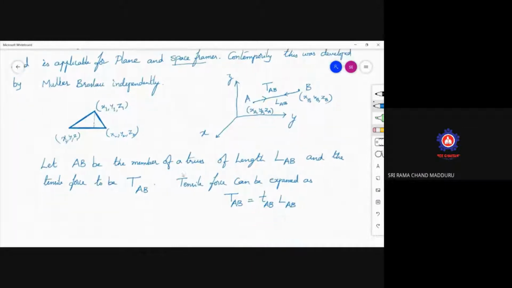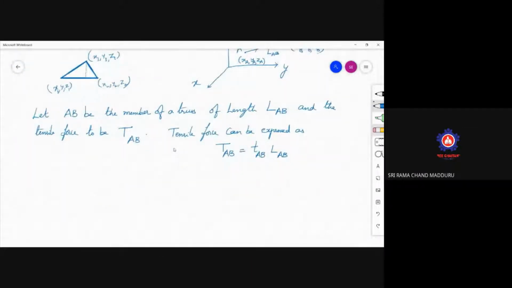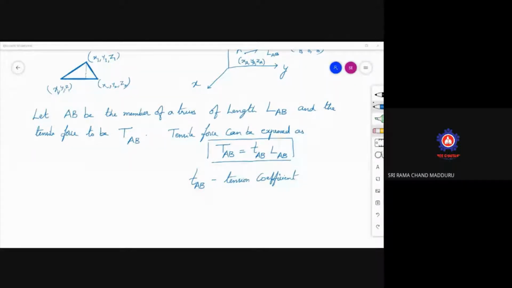Just write down in the meantime, any force in the member is nothing but small t into length of the member. Small t into length of the member, and this small tAB is called the tension coefficient. The small t is called the tension coefficient.